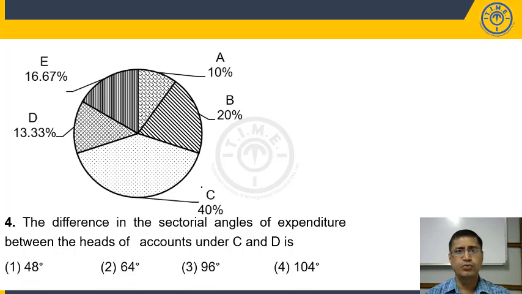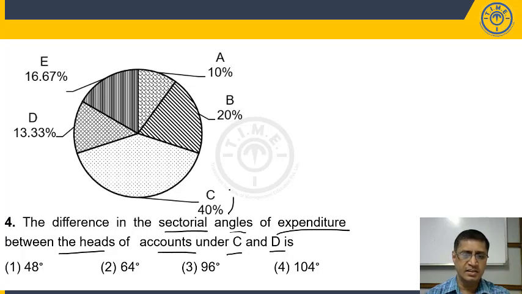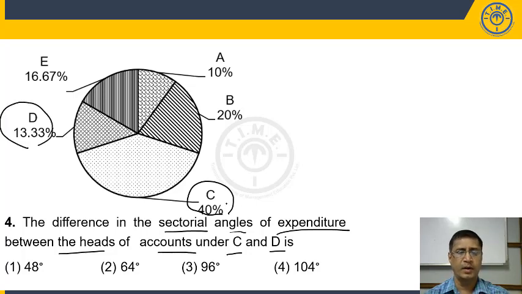Now it asks to find the difference in sectoral angle of expenditure between the heads of accounts under C and D. C, what is the percent here? 40%. 40% means the equivalent fractional value, by using the reciprocal values of the percentage, we can write it as 2 by 5. 1 by 5 means 20%, 2 by 5 is 40%.